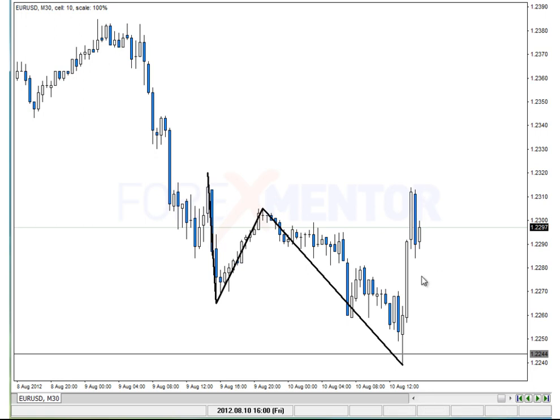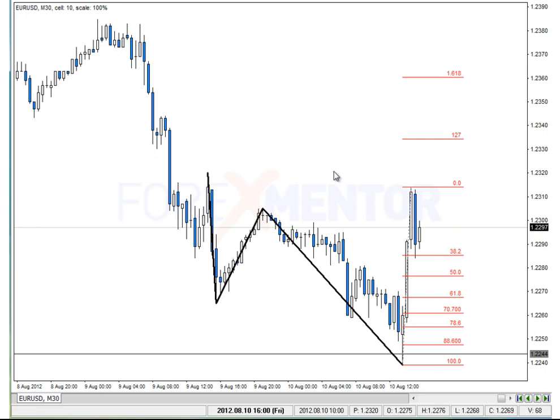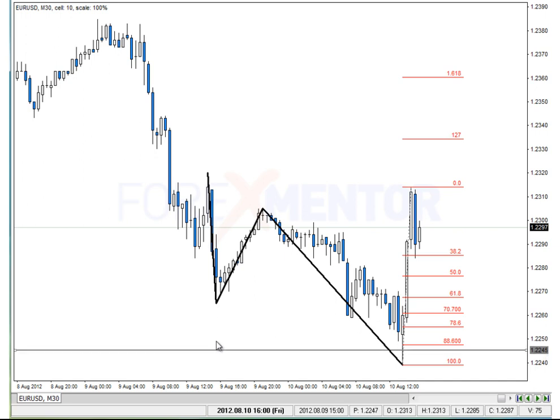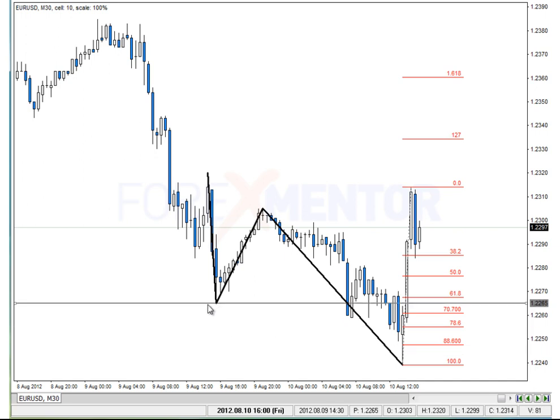And once price breaks to the upside, we can now draw fibs to see if anything lines up. Now the most important point for me to reference here is this dealing point right here, this left shoulder. If I just take this line and move it up to that area, 122.65 is the most important level in this pattern for me.